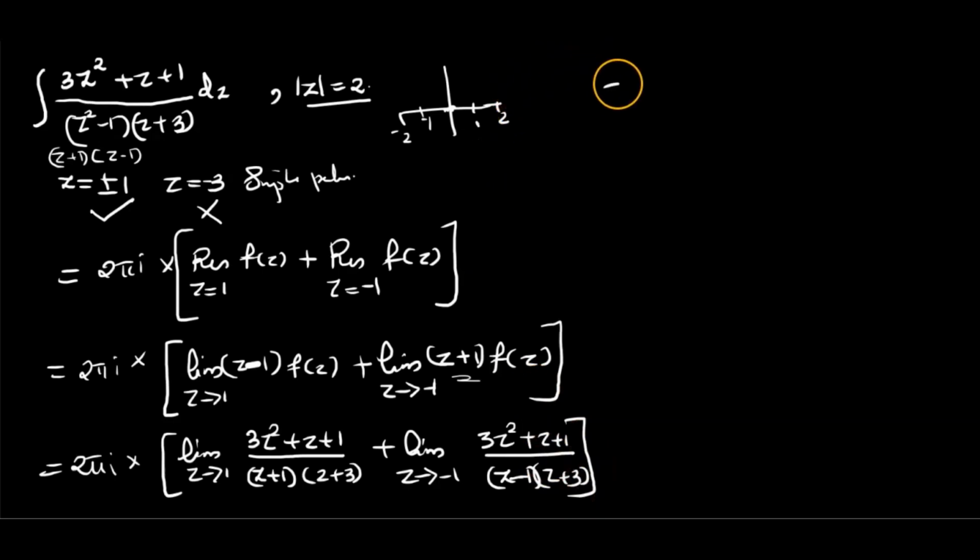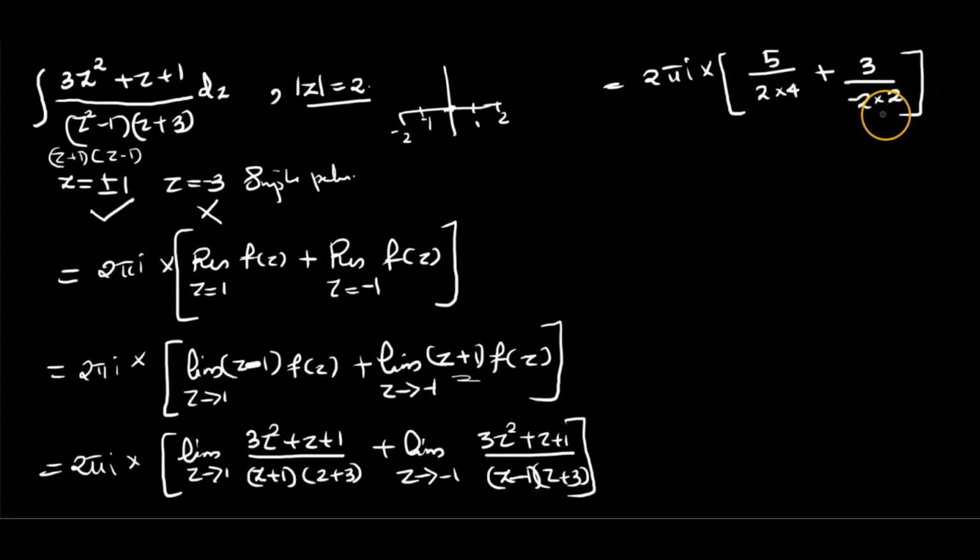Now putting the limit, we get 2 pi i into, substituting z equal to 1, 3 plus 1 plus 1, that is 5, divided by 2 into 4. For z equal to minus 1, 3 minus 1 plus 1, that is 3, divided by minus 1 minus 1 is minus 2 into 3 minus 1 is 2.